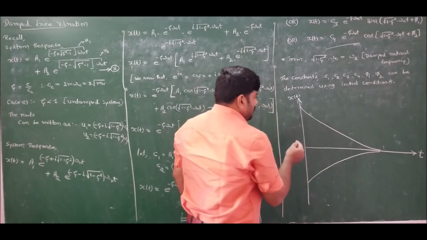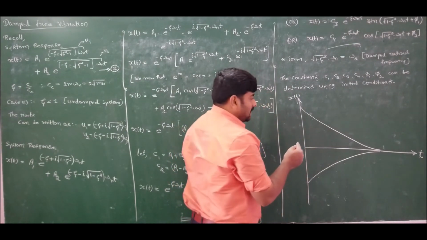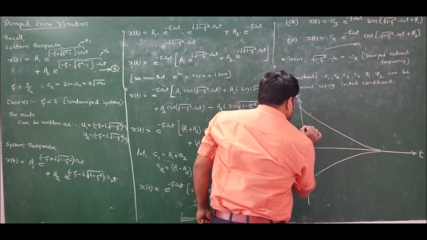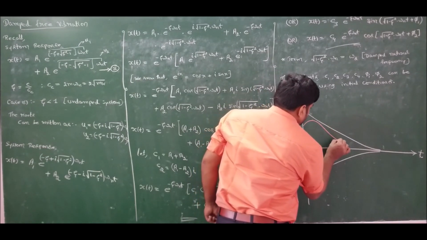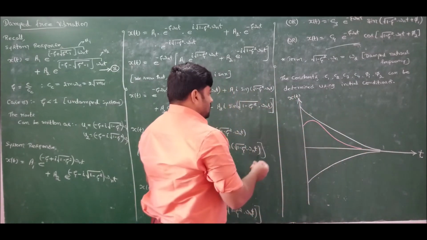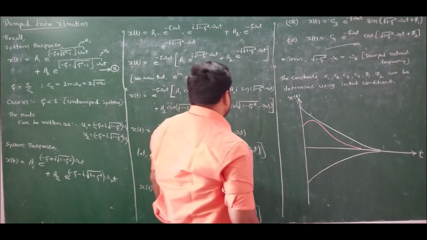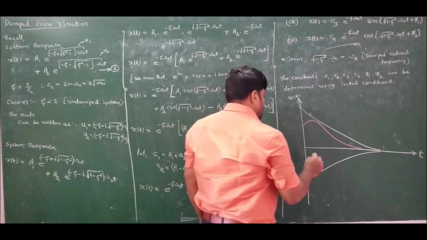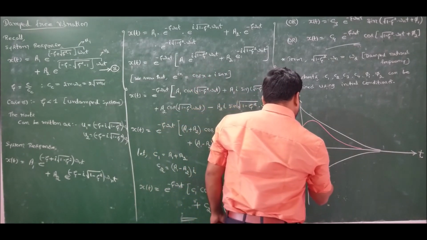And for the next two, let me use different chalk for better understanding. Next is critically damped system. If I plot for critically damped system, it will be like this. Now we have just derived the system response for underdamped system. For underdamped system, it will be like this.